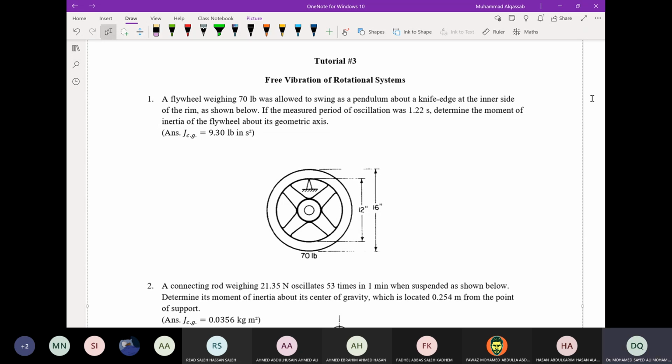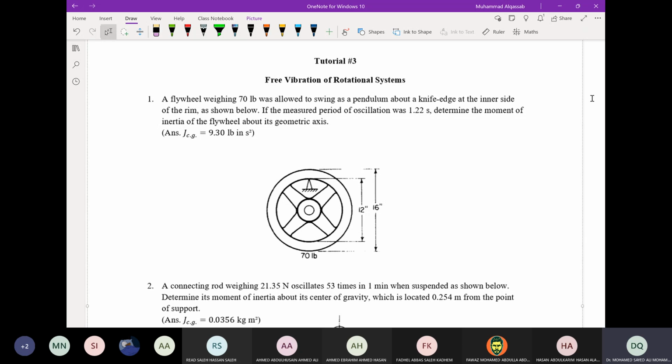Okay, so here question 1: a flywheel weighing 70 pounds was allowed to swing as a pendulum about a knife edge at the inner side of the rim, as shown below. If the measured period of oscillation was 1.22 seconds, determine the moment of inertia of the flywheel about its geometric axis.